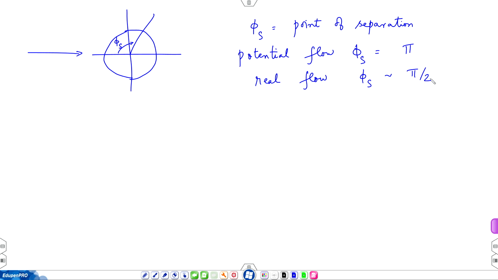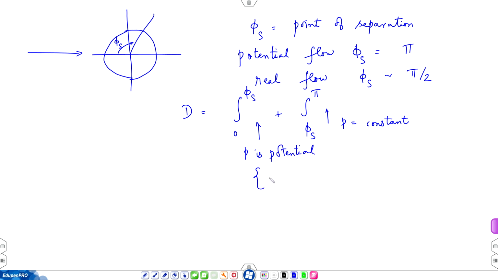So, if you have to find the force acting on this cylinder, that is drag acting on the cylinder, you will break it up into 0 to phi s plus phi s to pi, where here you will set p equal to constant, and here in this part p is potential. What is the potential pressure variation? That is given by C p equal to minus 4 sin square theta.